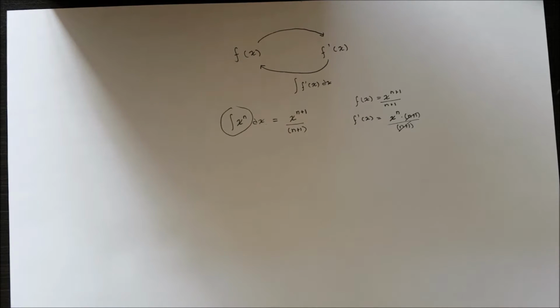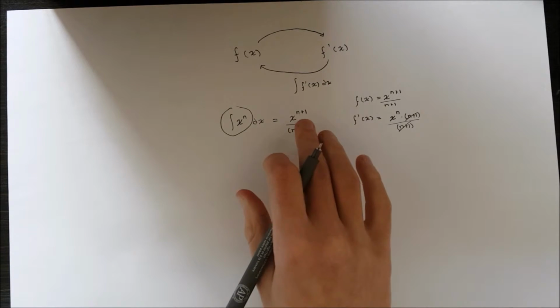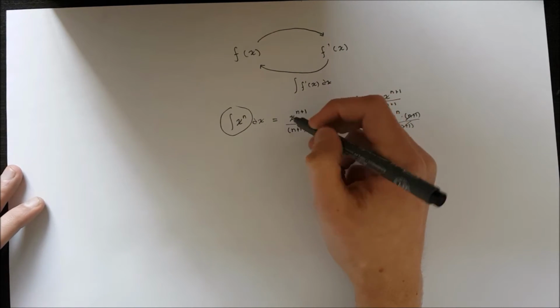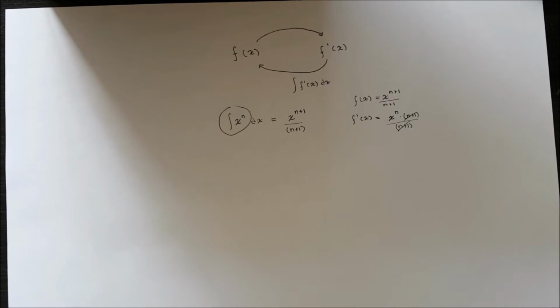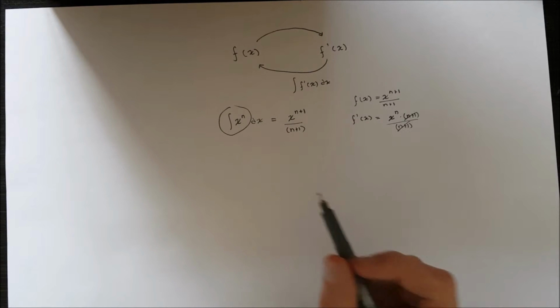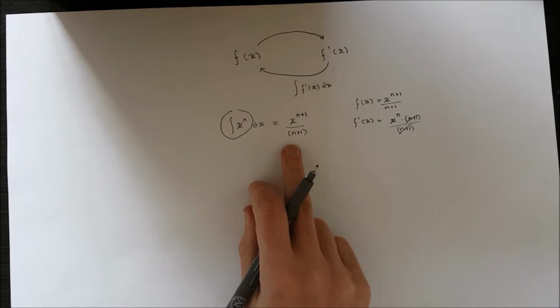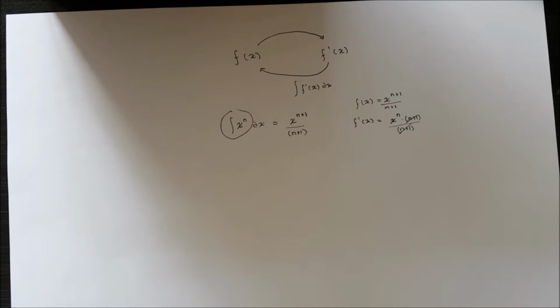So you always just have to figure out what function, if you took the derivative of, would give you back the original. We've just found a function that has that derivative.